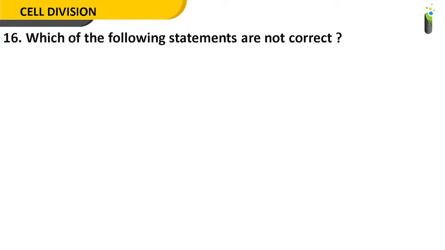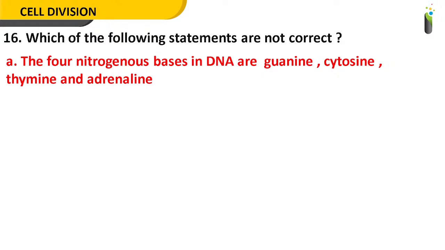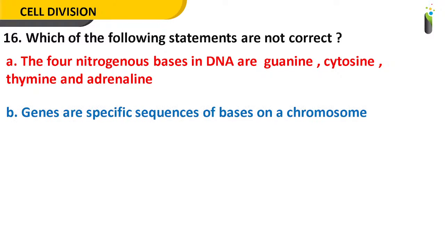Question number 16. Which of the following statements are not correct? Not correct means you have to find the wrong statement. A. The four nitrogenous bases in DNA are guanine, cytosine, thymine, and adrenaline. B. Genes are specific sequences of bases on a chromosome.